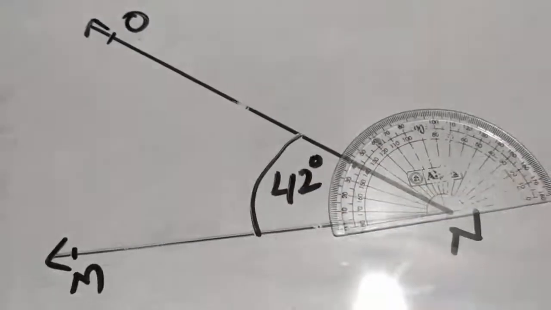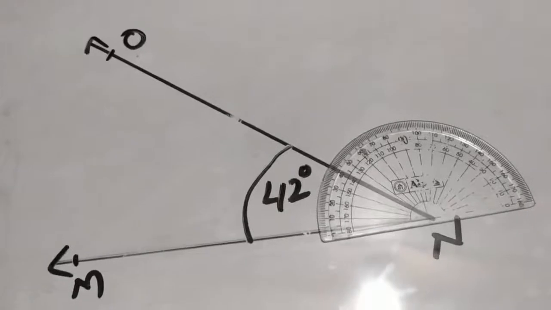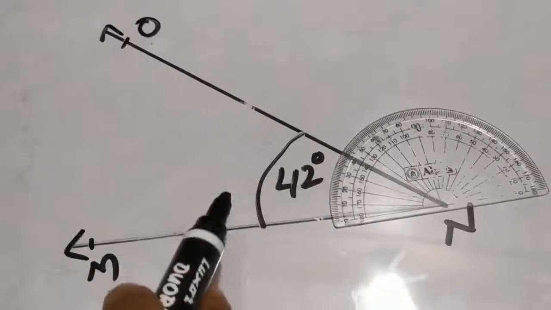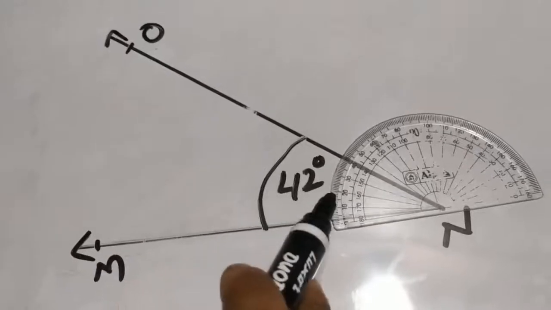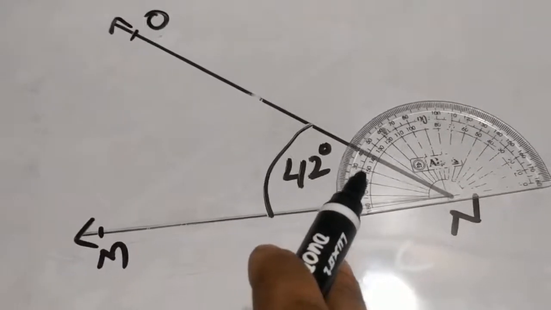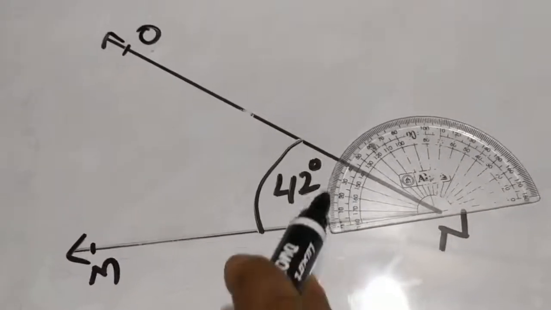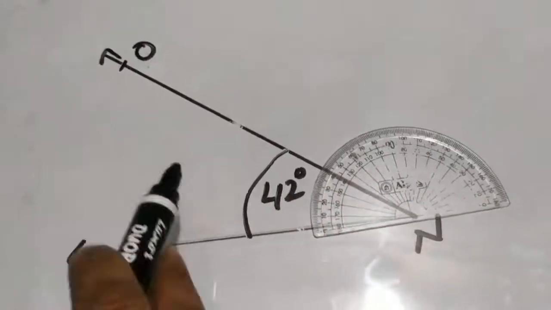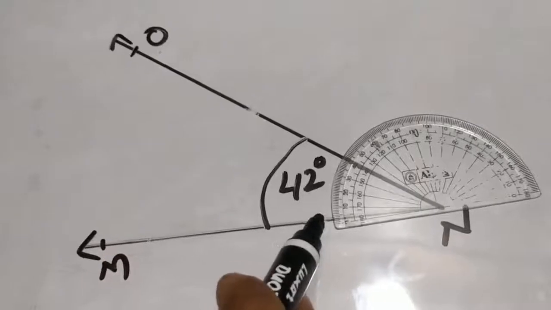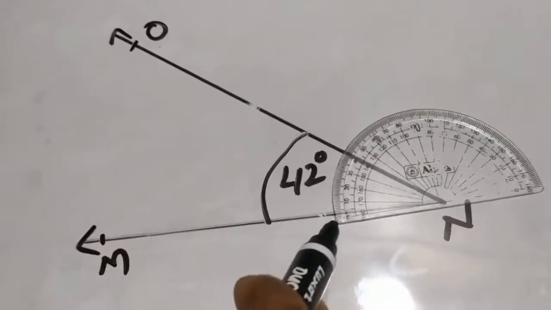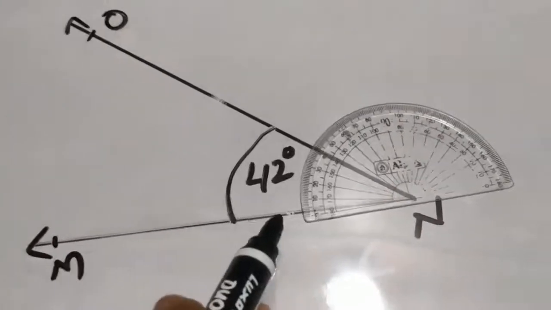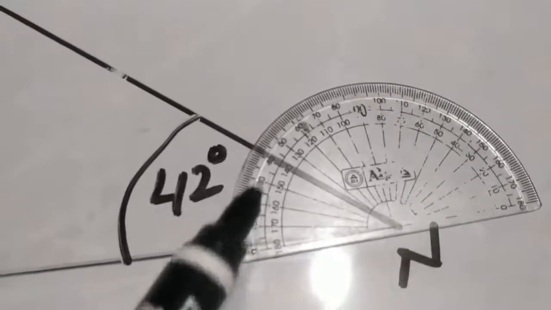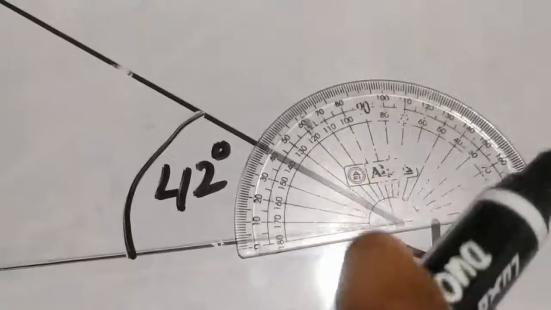Always remember that an angle which is facing left, the angle opening left, is measured on the scale which starts from left to right. See, this scale starts from 0 to 180 degrees, from left to right.